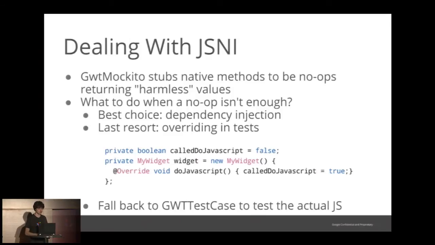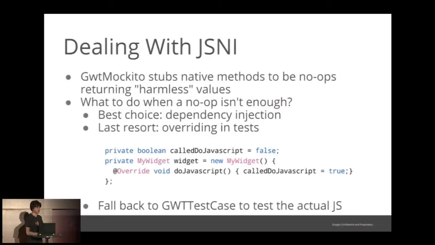And of course, at some point, you're going to want to actually test all that JavaScript you've defined. This is where you need to fall back to using GWT.TestCase, because if you're trying to execute actual JavaScript, that's really what GWT.TestCase is good at. So you shouldn't feel bad about doing that. My only point here is that you shouldn't use GWT.TestCase just because some small part of your widget happens to use JavaScript.